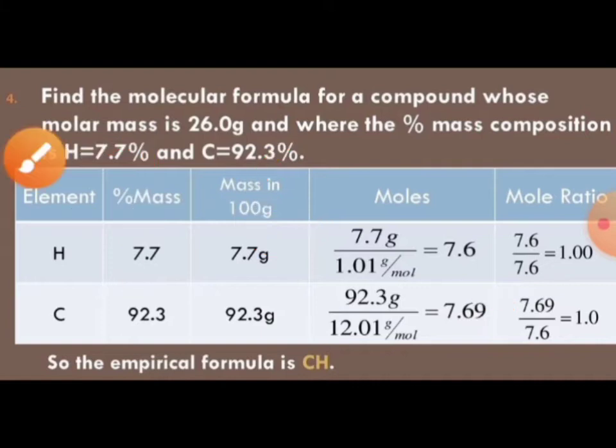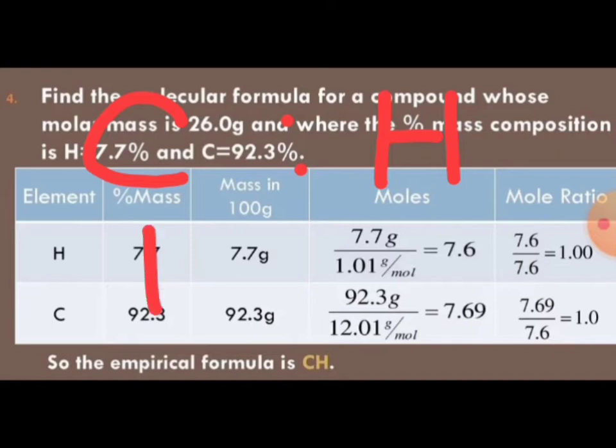Here also I'll get the value 1 as a mole ratio. So the mole ratio of hydrogen is 1, the mole ratio of carbon is also 1. That I am going to consider as the empirical formula. So because of this, I am going to consider the empirical formula of this particular compound as CH.